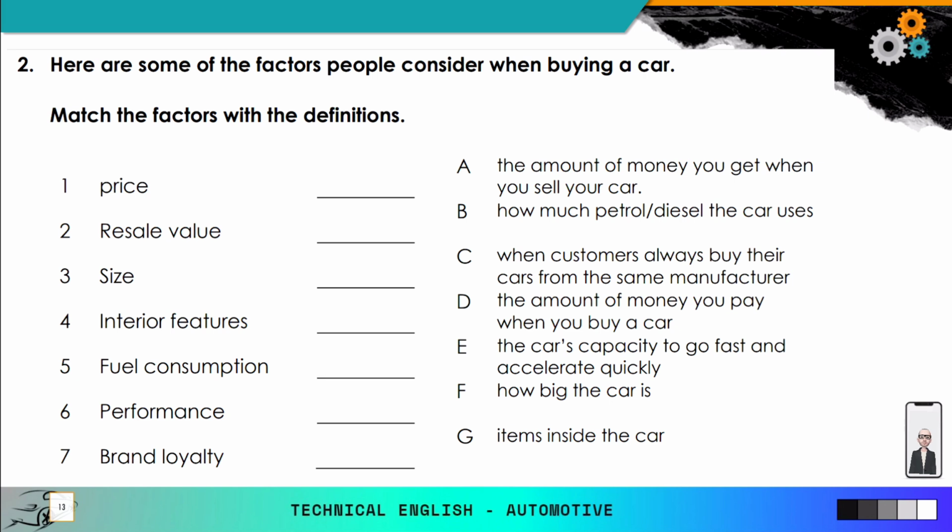Right, so here what we have is on the left, you will see the words and you will have the definitions on the right. So on the left, you've got price, resale value, size, interior features, fuel consumption, performance, and brand loyalty.